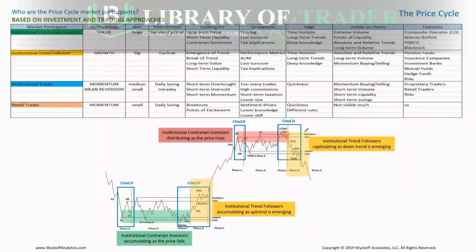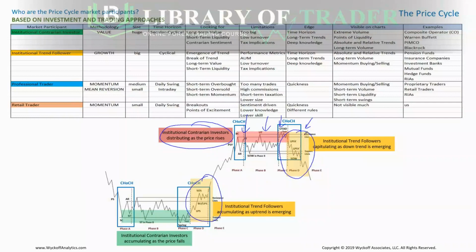This group also will identify the emergence of the beginning downtrend the same way how they identify the beginning of the uptrend. And they will be on the right side of the trading range when that happens. After the contrarian investors have produced their selling and have sold out their positions, and that in effect have stopped the price from moving further up.